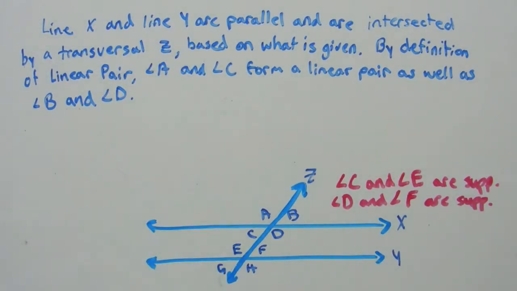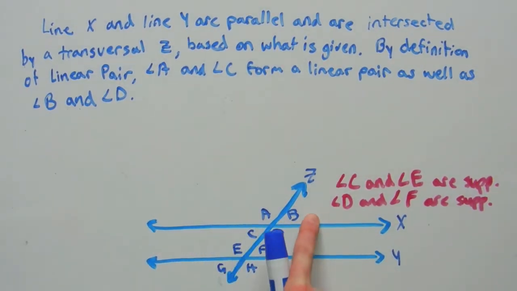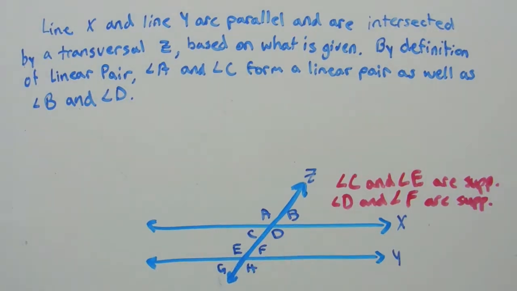By the definition of a linear pair, angle A and angle C form a linear pair, as well as angle B and angle D also form a linear pair. And we know that if two angles are a linear pair, by the linear pair theorem, those angles are supplementary.